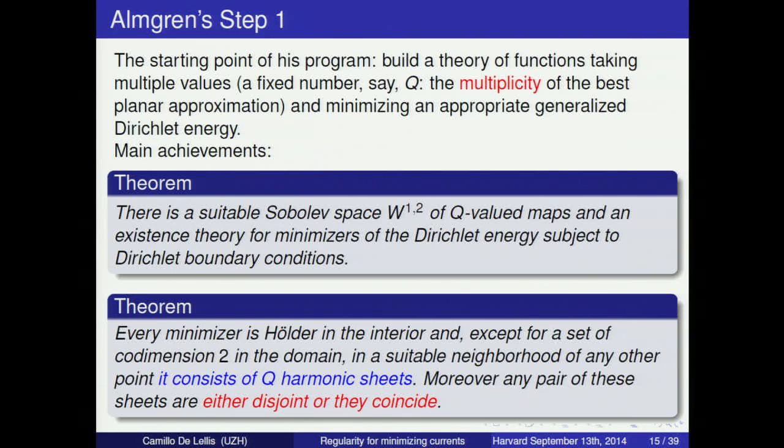So either they are disjoint or they completely collapse. Of course, you could have one single harmonic function with a multiplicity Q, for instance. But then it's a complete collapsing. So the harmonic sheets must ignore each other. If they cross, then they just completely touch. OK? Very good.